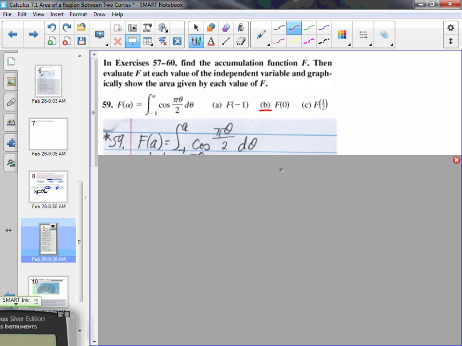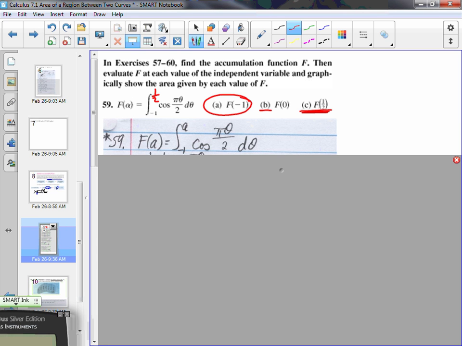Part B, see, then we'd have to put a 0 in there, work out the antiderivative, use the fundamental theorem of calculus to evaluate for 0, minus, evaluate for -1, get an answer. We can do that, though. But here's the trouble. Then they want us to do all that again, putting a 1/2 there. So instead of doing it, well, that one's going to be easy no matter how we do it.